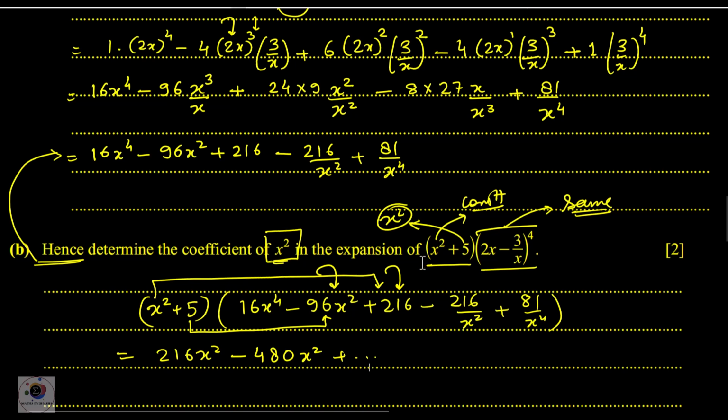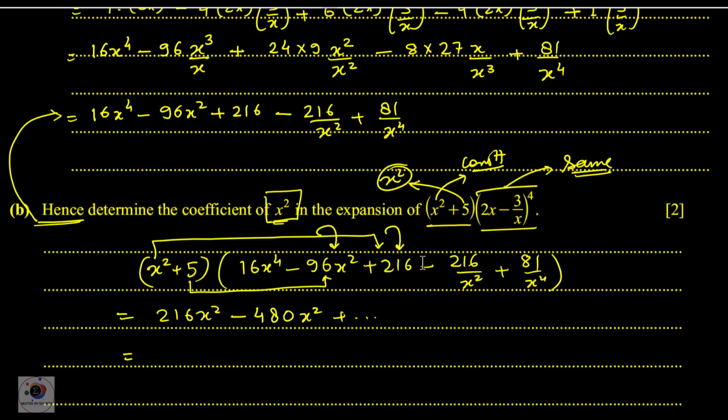We don't need those terms. So 216 minus 480 is going to be negative 264x squared, and hence this means the coefficient of x squared is negative 264. So that's the answer.